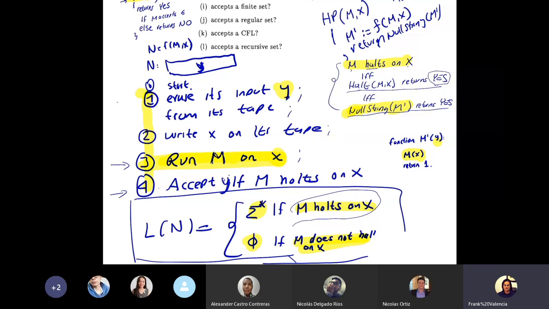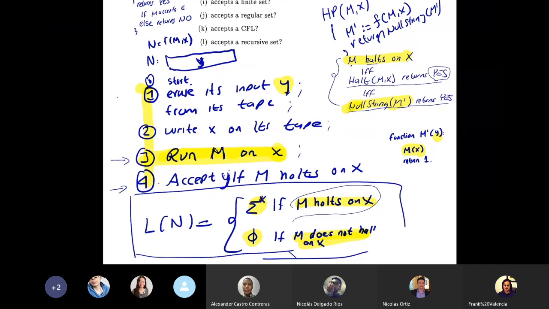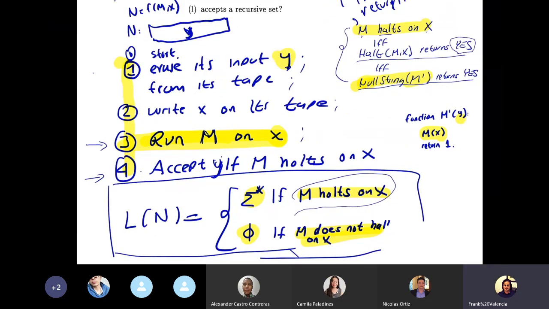So what I want you to keep with me here is that the important thing is that the language of this machine is either the universal language, every sequence is accepted, or none is accepted. All of them or none. So these are the two possibilities, okay?